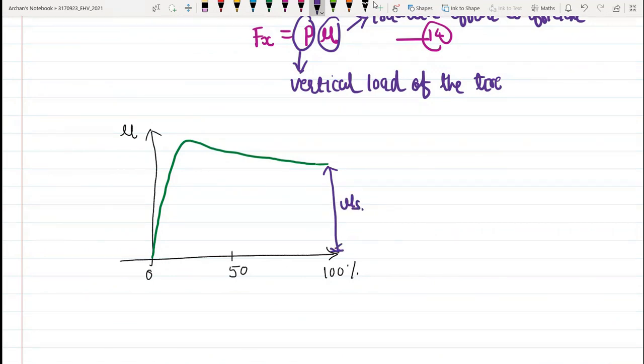This particular level, you can see, is our level mu s, right? And this is the maximum level over here. Let us call this level mu p.